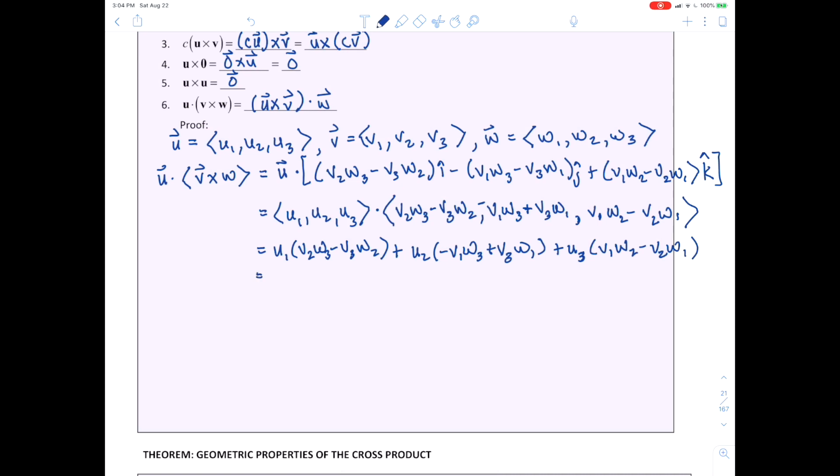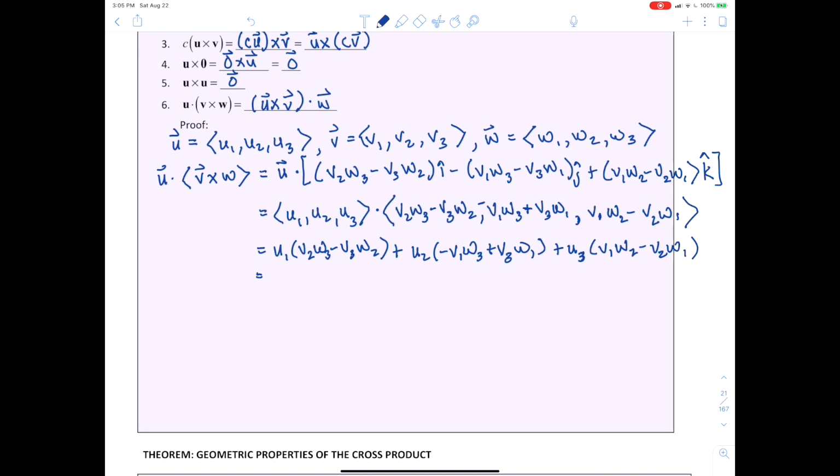So this will be equal to, now remember, I want to get to the format where I've got U cross V. And so what I'm going to be looking for is U2 V3 minus U3 V2, etc., to make it like that.